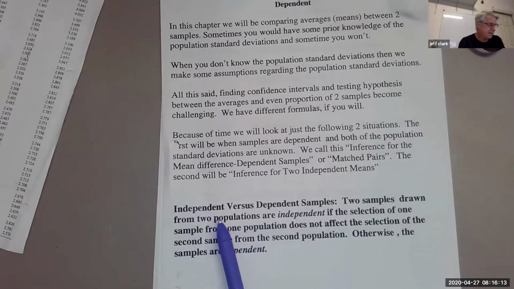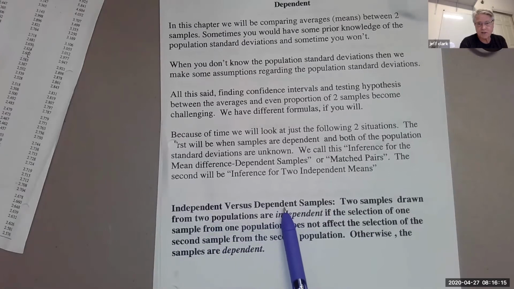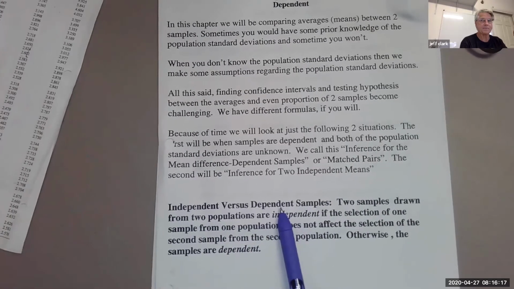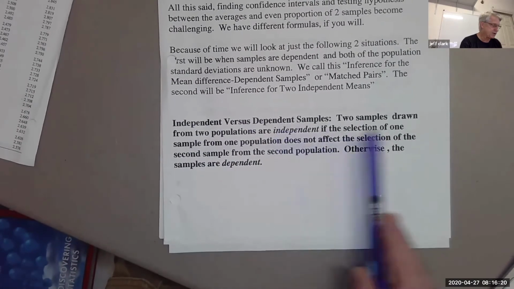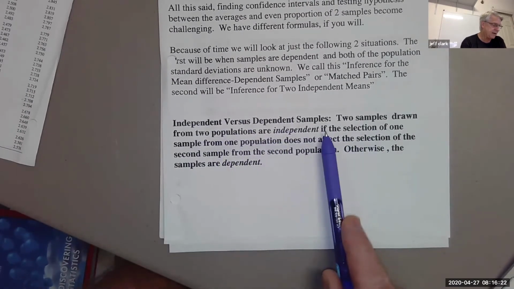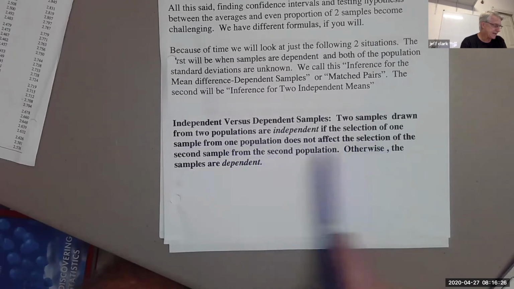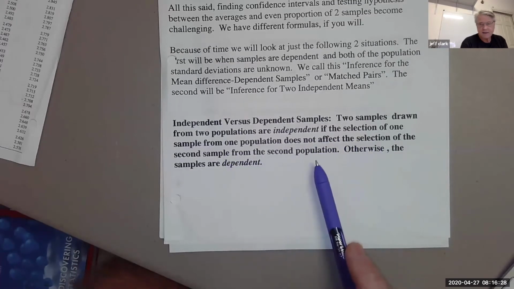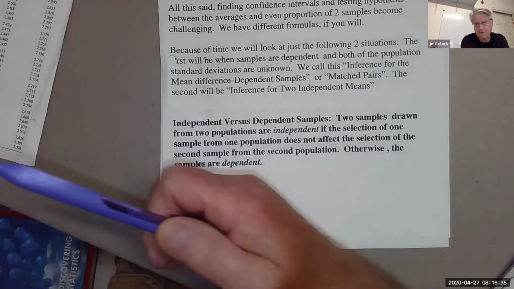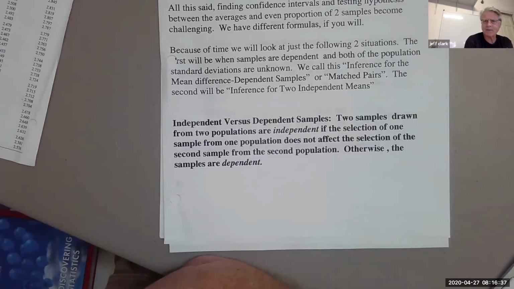The difference between independent and dependent: this first one's going to be what's called dependent means. Two samples drawn from two populations are independent if the selection of one sample doesn't affect the selection of the other sample. For instance, if I'm going to take a sample of guys and a sample of girls, having the sample from the guys has no effect on the sample from the girls.